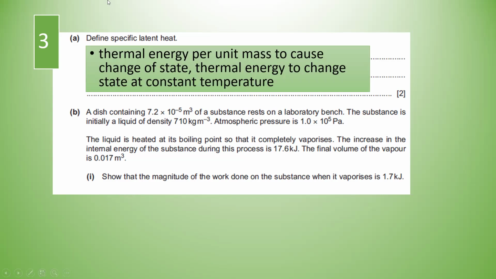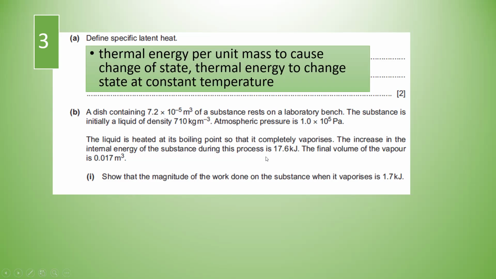A container with 7.2 times 10 to the power minus 3 meter cube of substance rests on the laboratory bench. The substance is initially a liquid of density 710 kilogram meter minus 3. The pressure is 1.0 times 10 to the power 5 Pascal. The liquid is heated at its boiling point, so that it completely vaporizes.